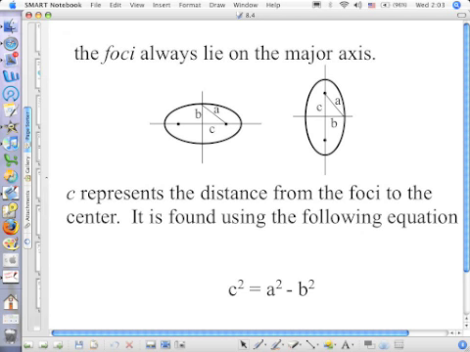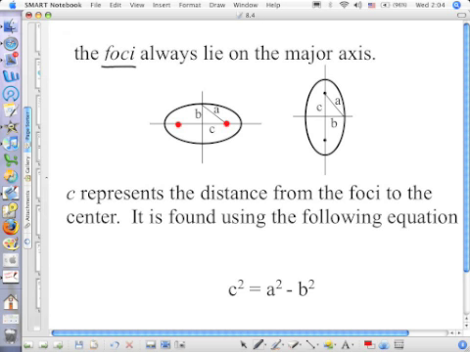If you remember in a parabola, we had a focus, which was not actually on the parabola, but it was used to help us identify other points on the parabola. The same way here we have 2, and they're called foci, which is the plural form of focus. In this case, these 2 dots would be the foci of this ellipse. Notice they sit on the major axis.